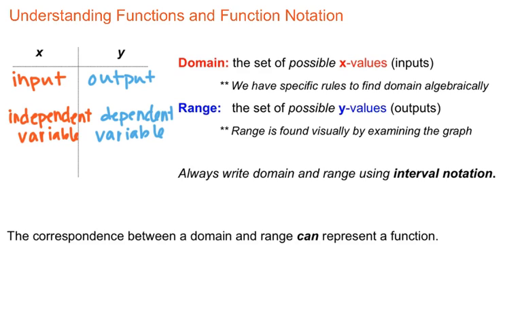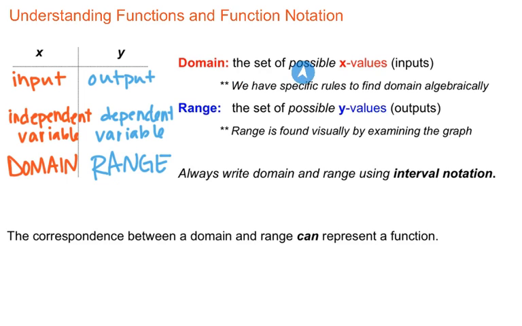And the way we generally think about these is that x, those represent our domain, and the y values represent the range. Now, we can use any set of variables, x and y, q and r, a and b. It's just that generally when we're talking about functions, we use x as our input and y as our output.